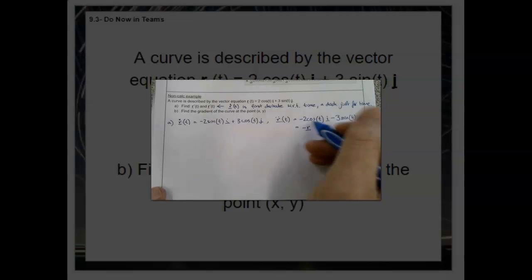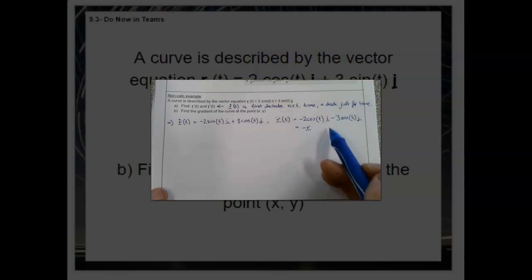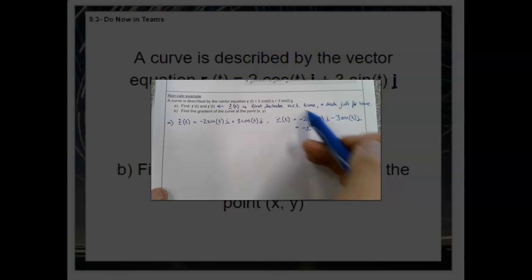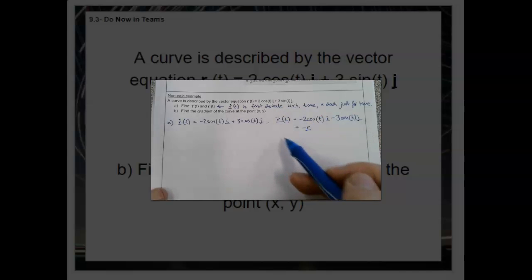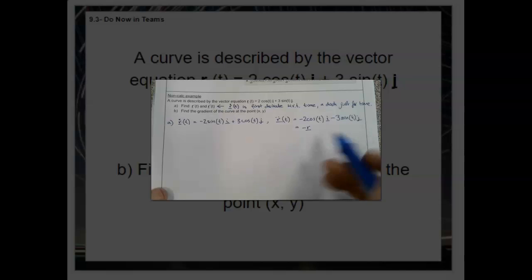By the way, this property here, we've got motion in a circle, or in this case an ellipse, and the acceleration in that case is always towards the center of the ellipse or the circle, and that's really the position vector in this case, because the center is 0, 0.